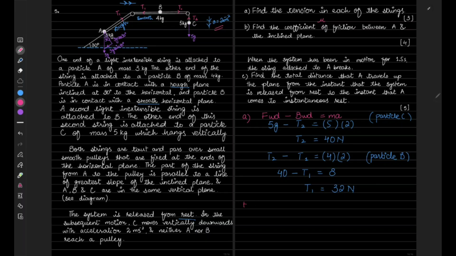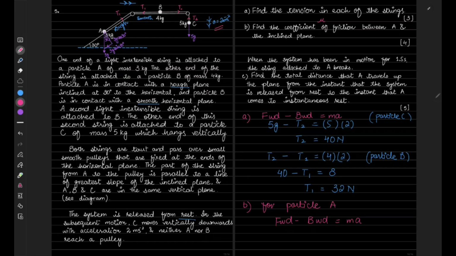For particle A, we are applying the same forward minus backward equals to ma because there is some acceleration. So for particle A, forward forces minus backward forces equals to ma.